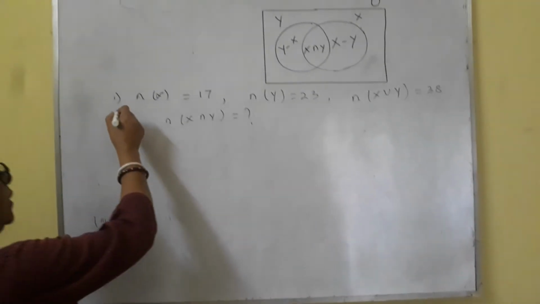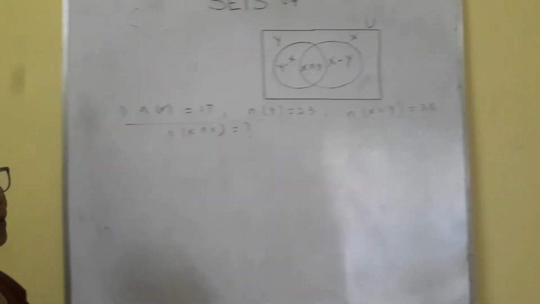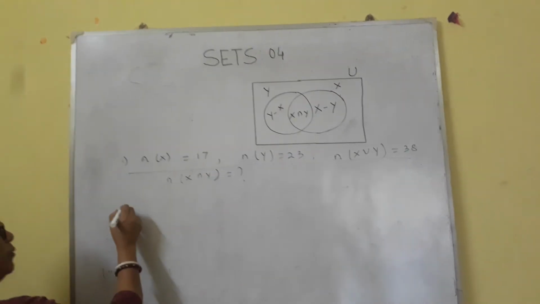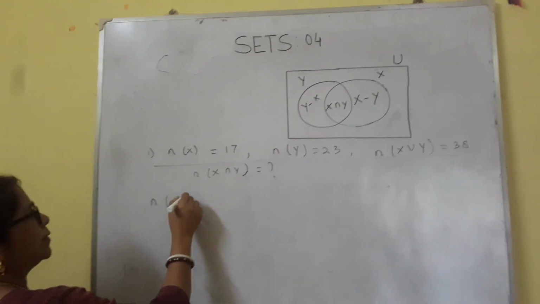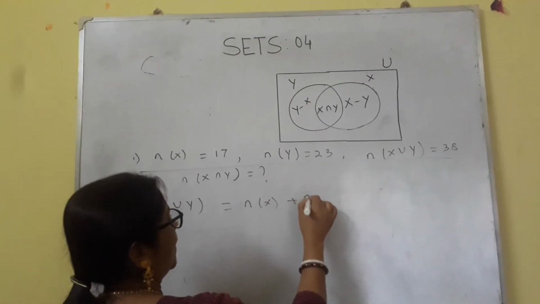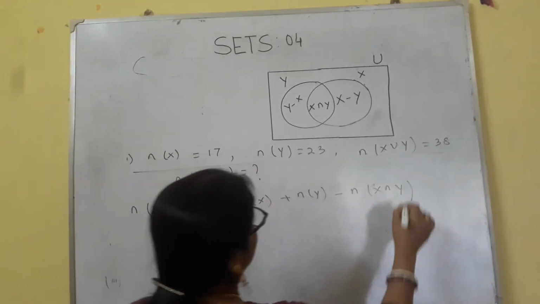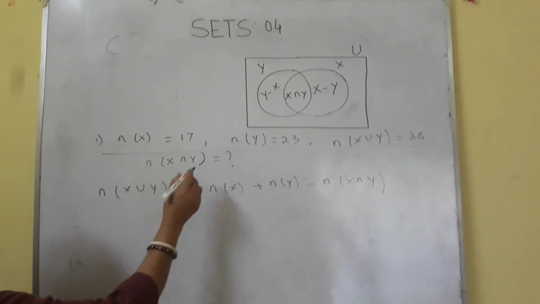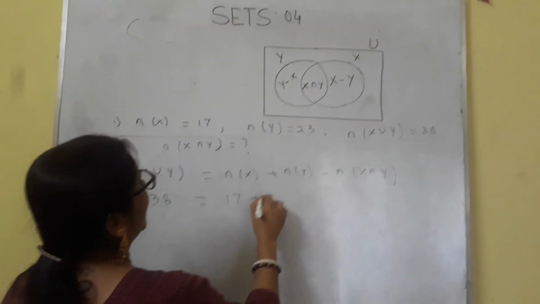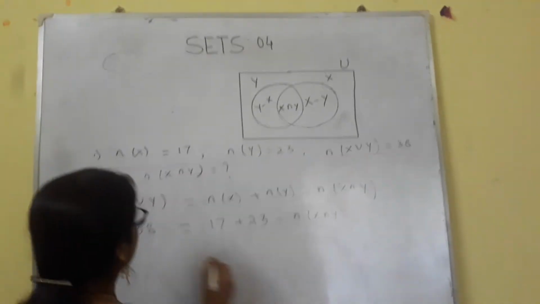So these values are all given. This is 38, that equals 17 plus 23 minus n(X intersection Y).